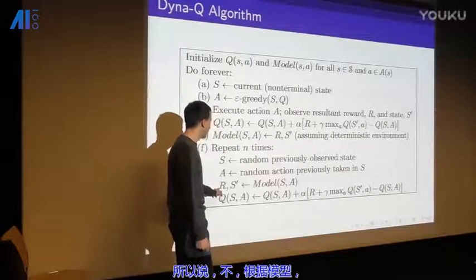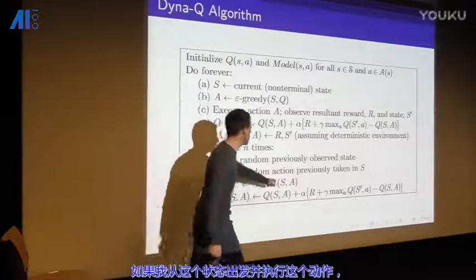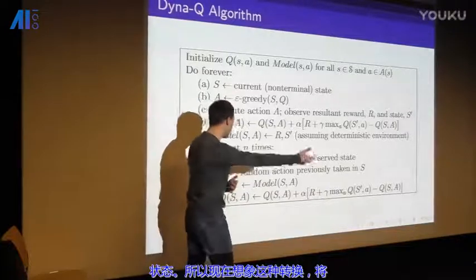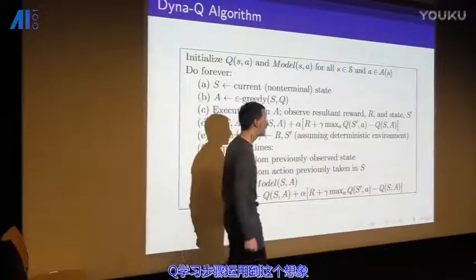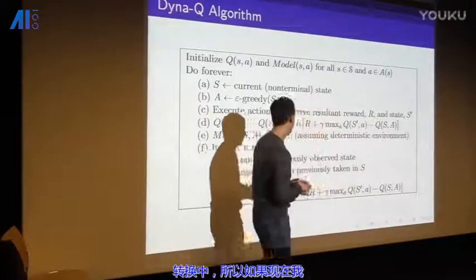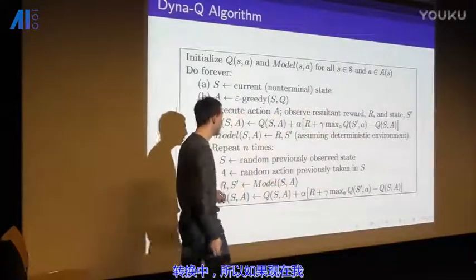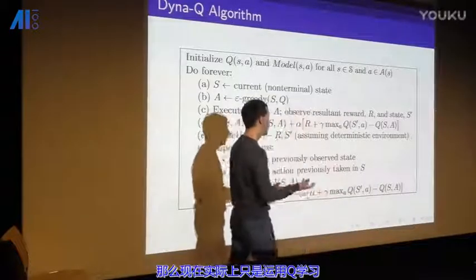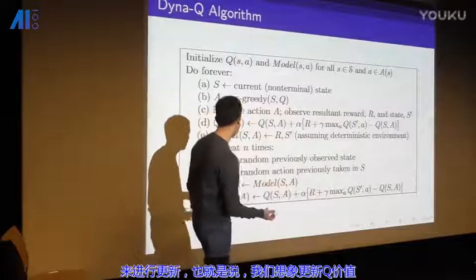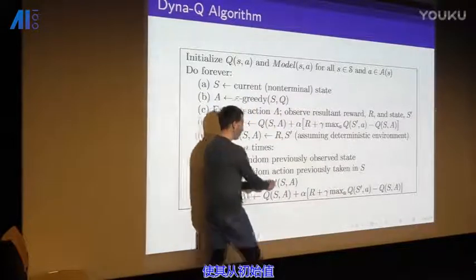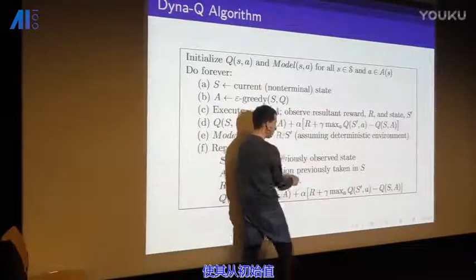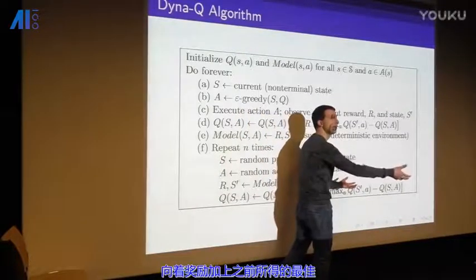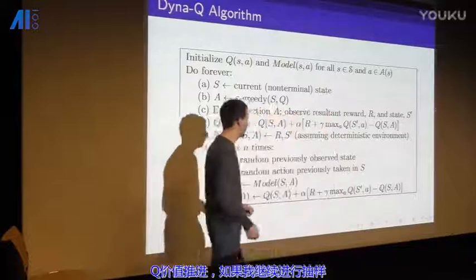We say, okay, according to my model, if I started in this state and took this action, I would get this reward and end up in this state. So let's imagine that transition, and let's apply a Q-learning step to that imagined transition. So if I imagine that I would end up in this new state S prime, then let's now apply a Q-learning update to that, and update our Q values from where I started towards the reward plus the best Q value from where I ended up in my imagination.